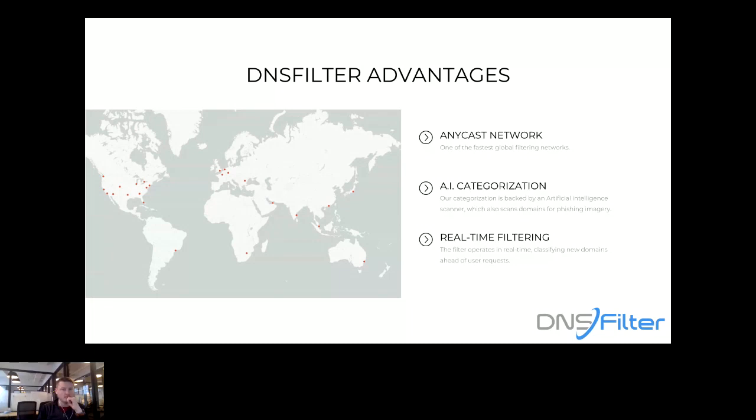And then the third thing is our real-time filtering. This is pretty unique in the industry. There's only one or two other people that have something like this. Basically, as part of that life of a DNS request that we talked about earlier, if a domain has never been classified by us at all, if it's unknown and unseen, we will first take that and classify it on our end before returning a result.